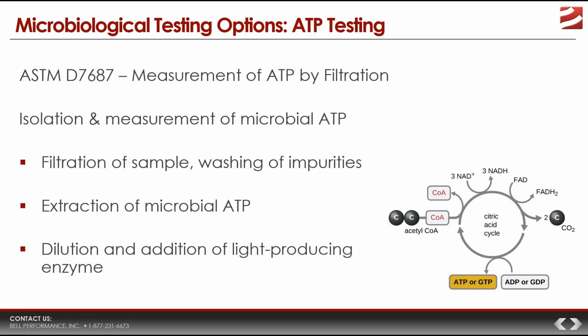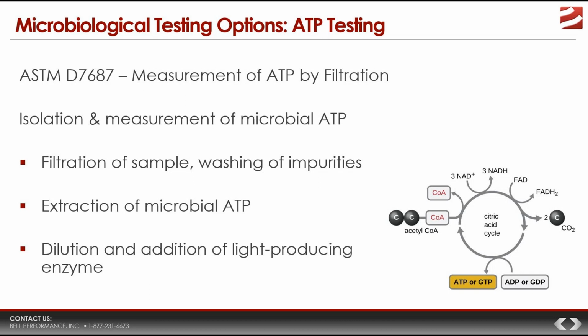So today's Fuel Pulse ATP measurement test involves isolating and then measuring the ATP content in the fuel microbes that are in your sample. And the basic process, to simplify, is you take either a fuel sample or a water sample, and you filter it to take out the microbes. Basically, you put it in a syringe, you've got a filter that fits on the syringe, you push it through, and it filters out all the microbes in that sample.